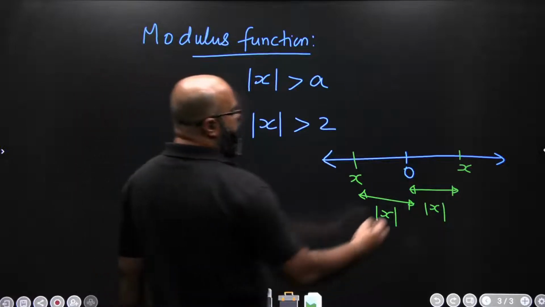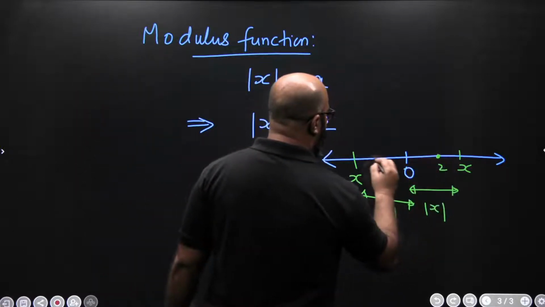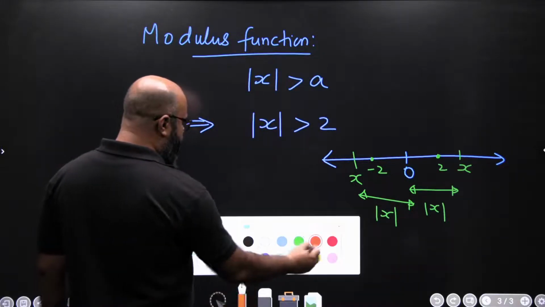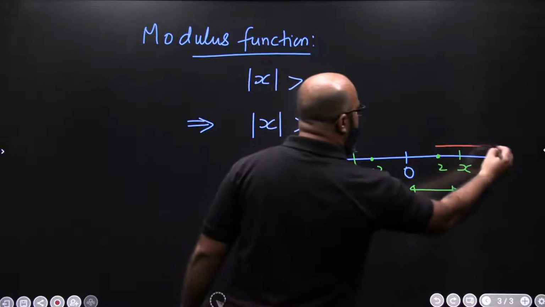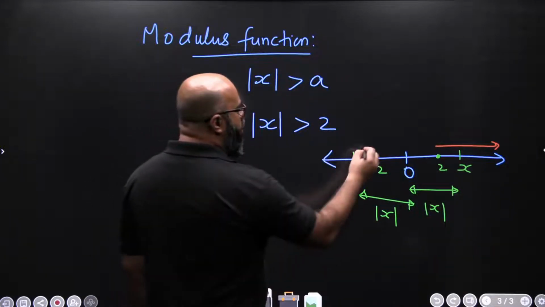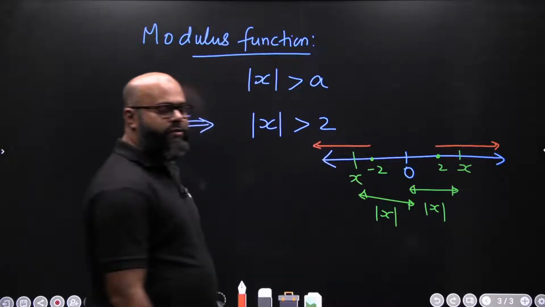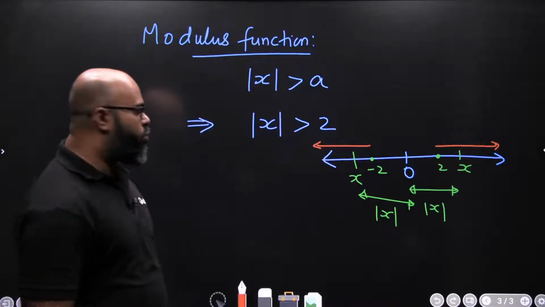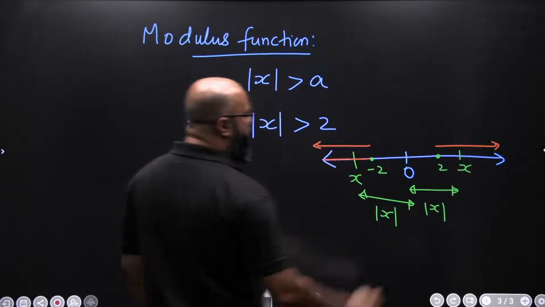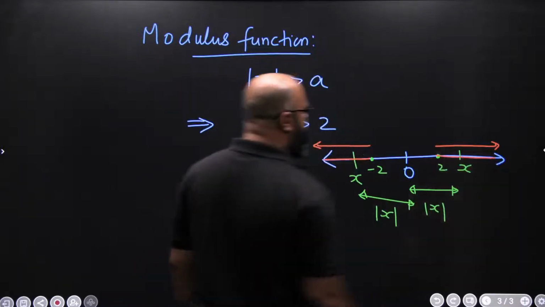So this is suppose 2 and this is suppose minus 2. If you take x beyond 2 here, then we say that the distance is greater than 2, or you take beyond minus 2 on the left hand side, then also the distance is greater than 2. So in this region, distance is greater than 2, as well as in this region, distance is greater than 2.